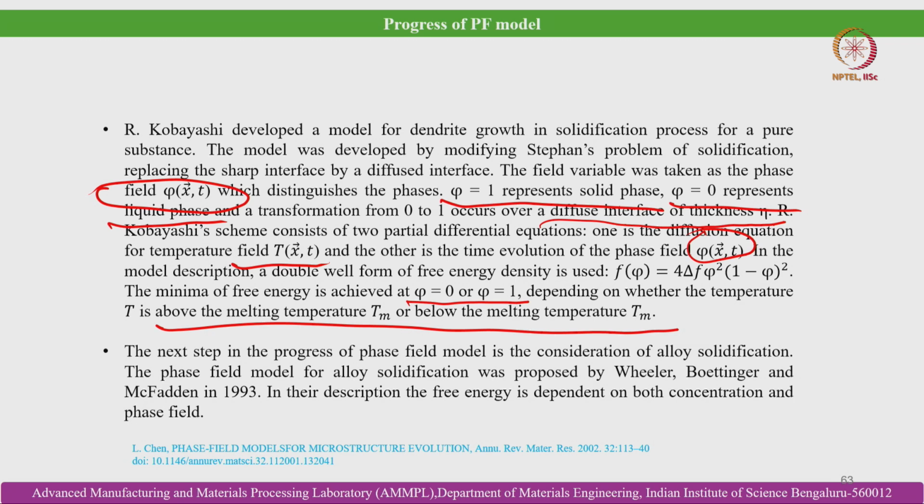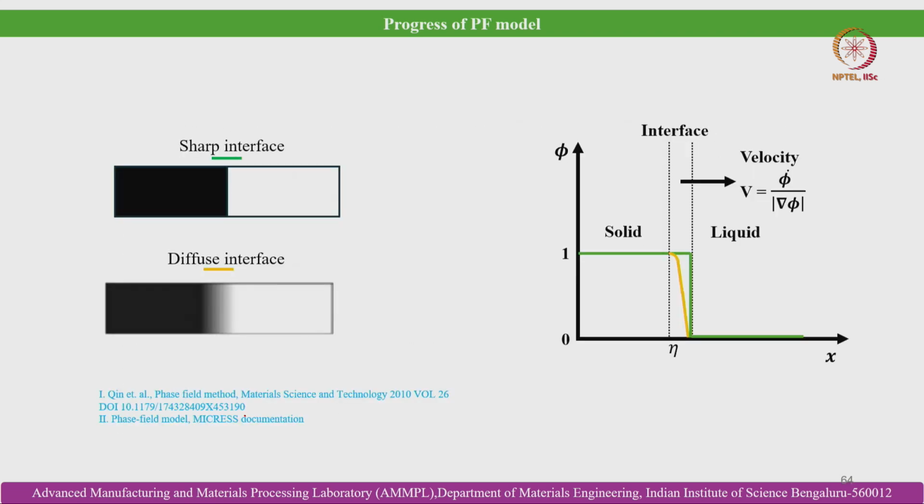The next step in the progress of the phase field model is the consideration of alloy solidification. The phase field model for alloy solidification was proposed by Wheeler, Boettinger and McFadden in 1993. In their description, the free energy is dependent on both concentration as well as phase field. You can understand the concepts of sharp interface and diffused interface from this slide.